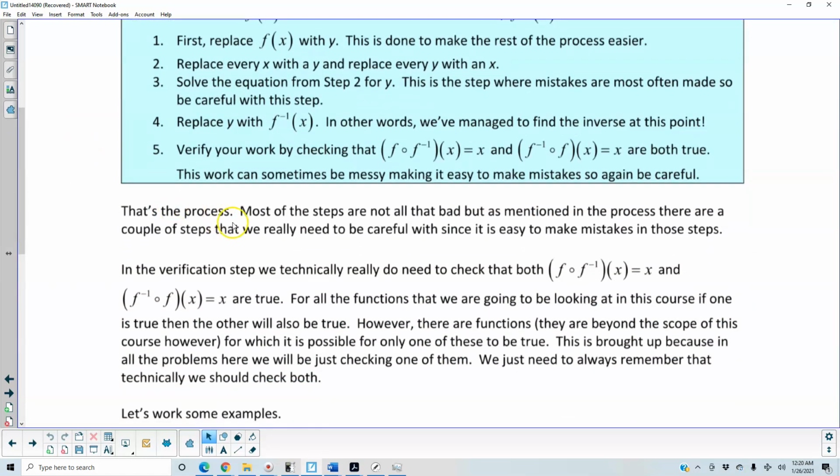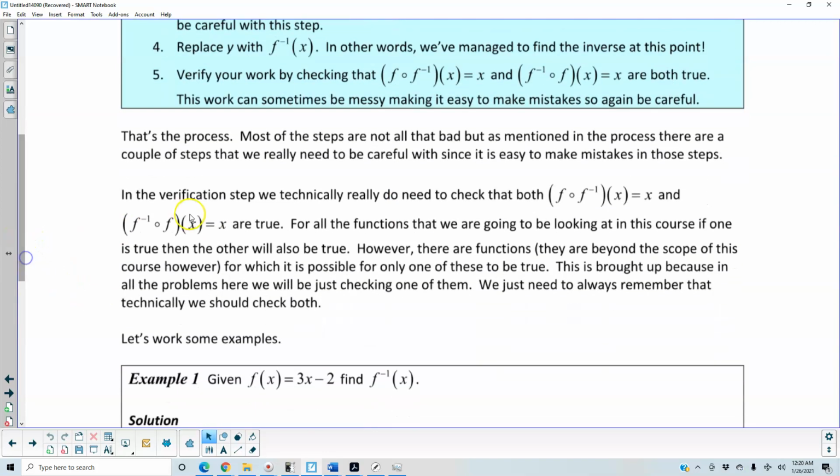Now, that's the process. Most of the steps are not all that bad, but as mentioned in the process, there are a couple of steps that we really need to be careful with, since it is easy to make mistakes in those steps. In the verification step, we technically really do need to check that both f composite f inverse of x is equal to x and f inverse composite f of x is equal to x are true.